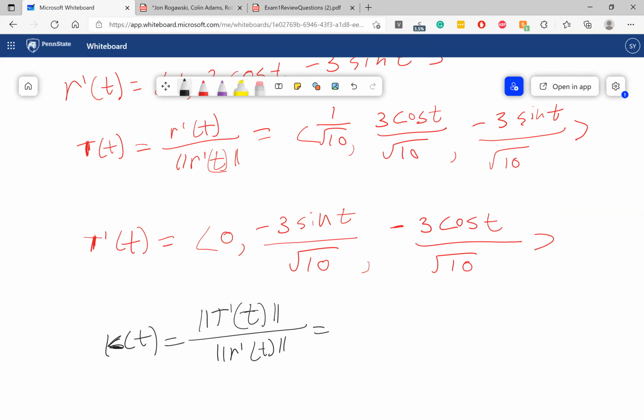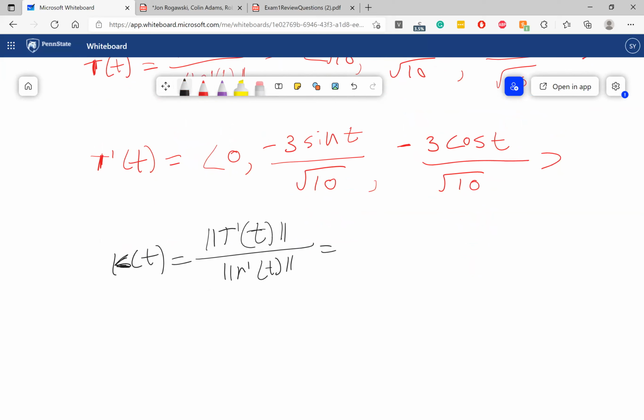So we already know the magnitude of r prime of t. It's the square root of 10. So now the question is, what's the magnitude of T prime of t?